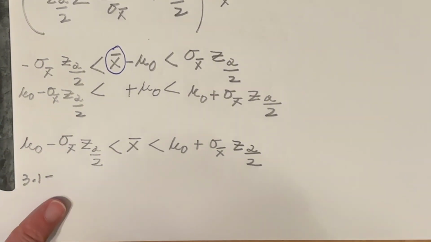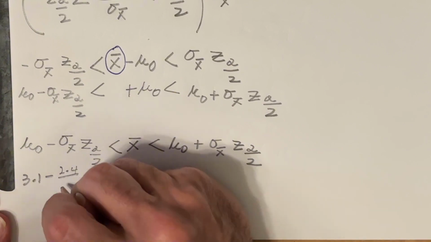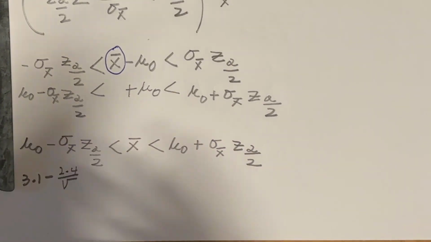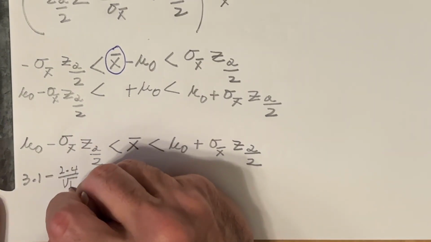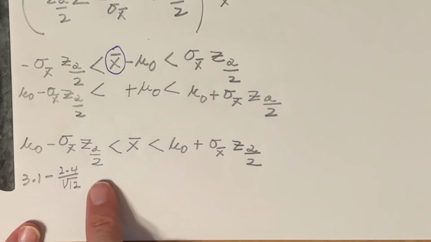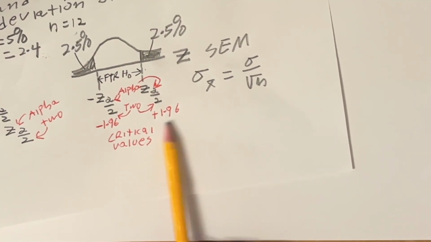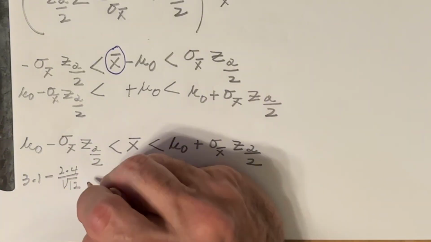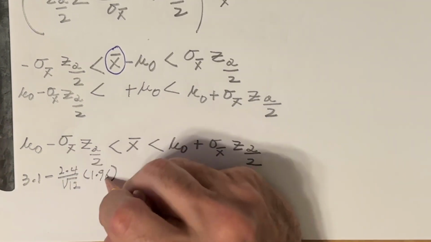So we have 3.1 minus, now the standard deviation is 2.4, so we have 2.4 divided by the square root of, now what is n? N is equal to 12. And the z sub alpha over 2 we showed was equal to 1.96. Right. So we're just going to put it in. 1.96.